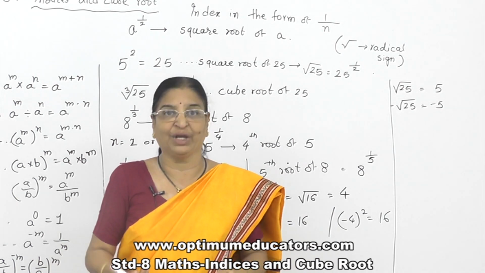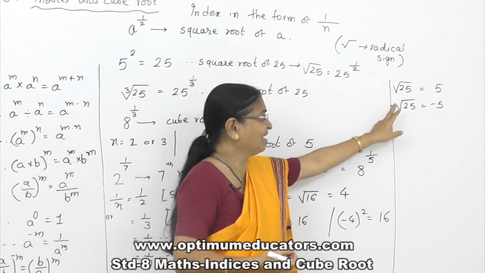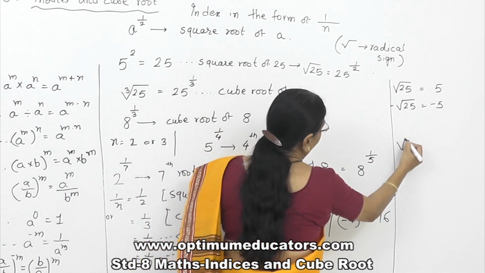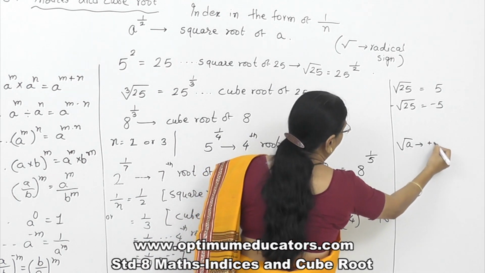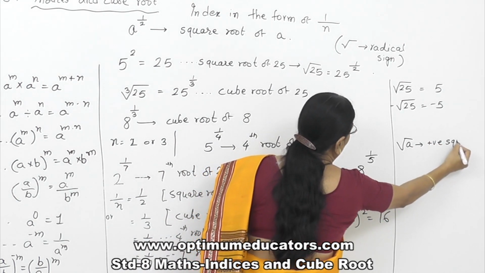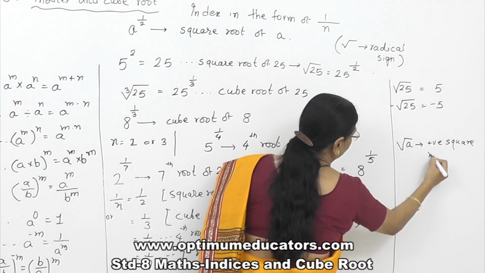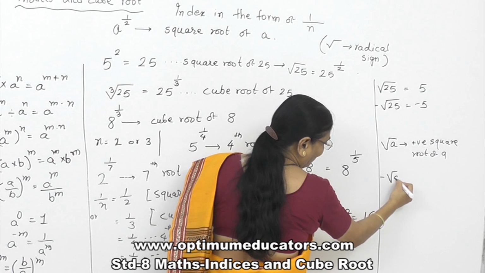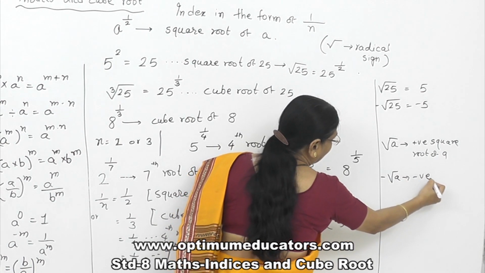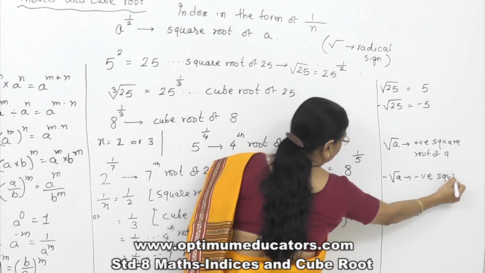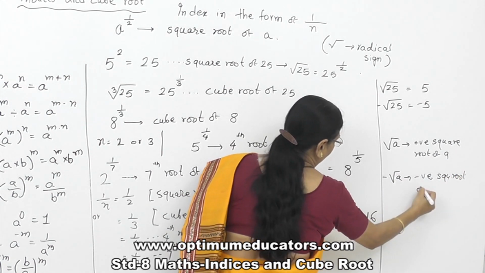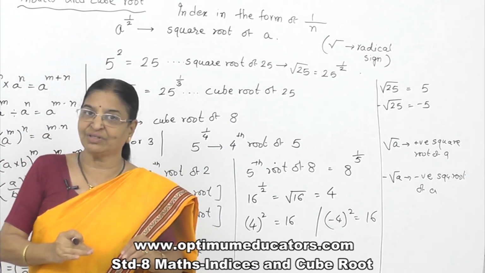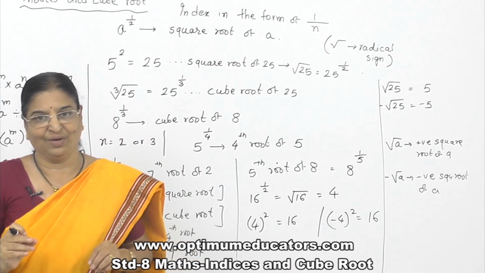So which root should be used will be given by this sign, the sign of the root. And so I will say that root A gives the positive square root of A. And if it is written minus square root of A, then this is the negative square root of A. Okay. So this is the meaning of positive square root and negative square root.